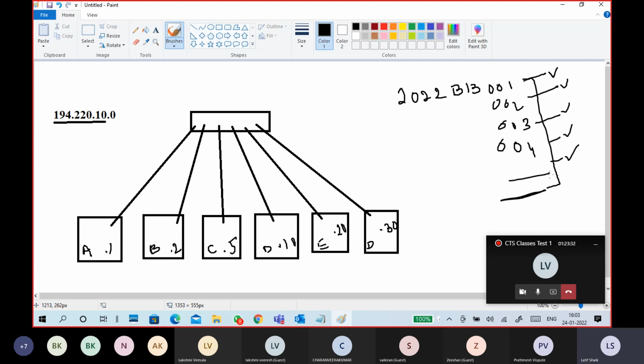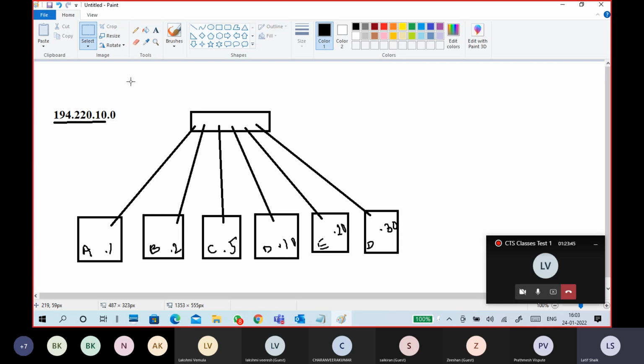So each person has a roll number, but what is common? The batch number is the same. Just like that, here also the network is the same, but the host ID is different.